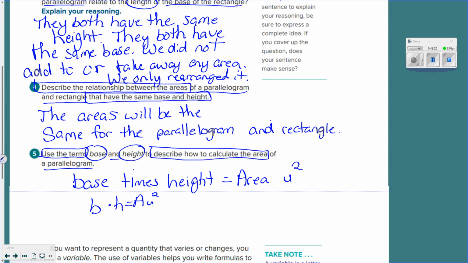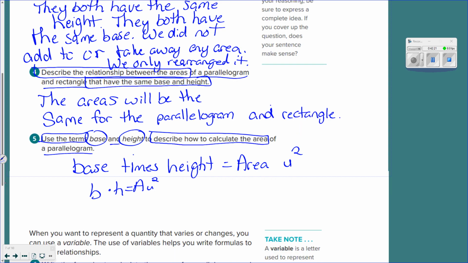Guys, I don't know why you're yelling. We put units squared if we don't know if it's inches, feet, centimeters, meters. We always use units if we don't know what they are. And it's always squared. Got it?